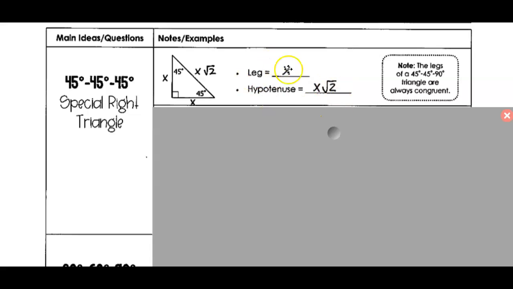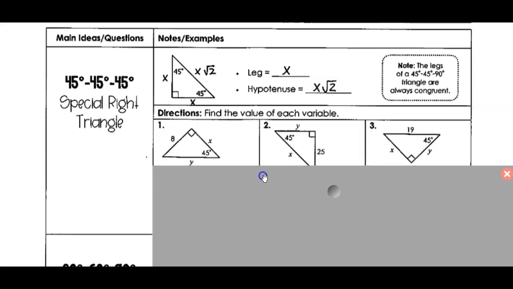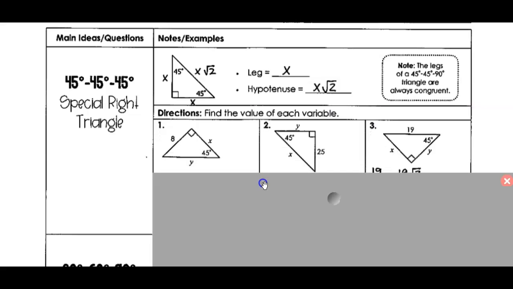So whatever that original side length was, the hypotenuse will have that number in it as well, with a root 2 on the end of it. And that will just be a really nice and easy shortcut that we can use to generate the hypotenuse of any 45-degree right triangle.